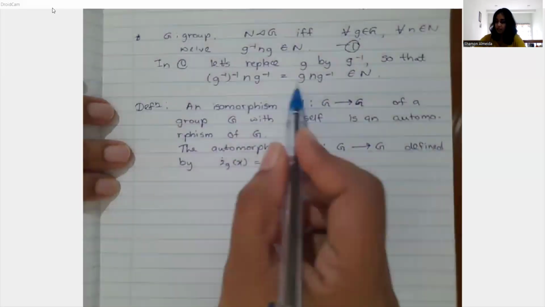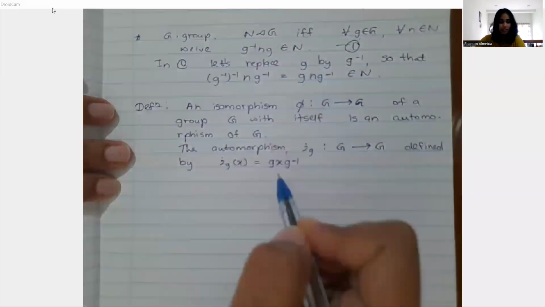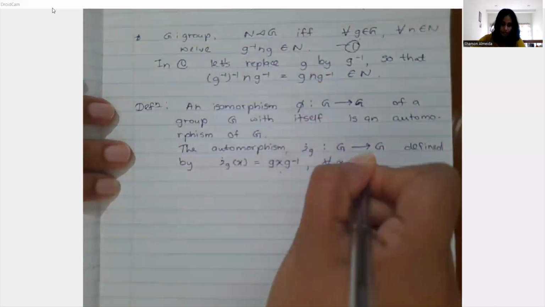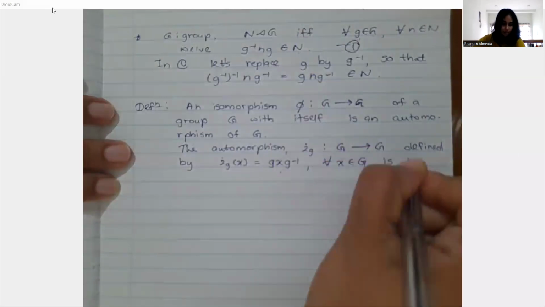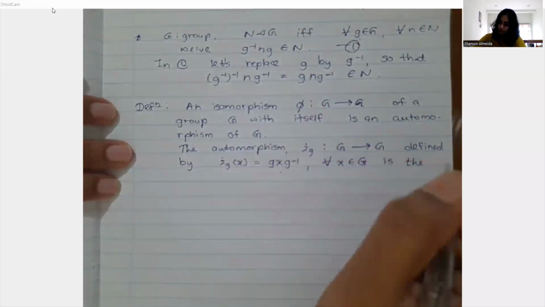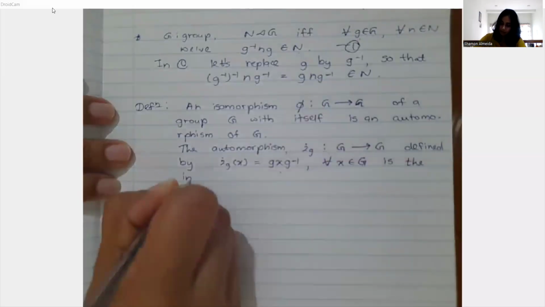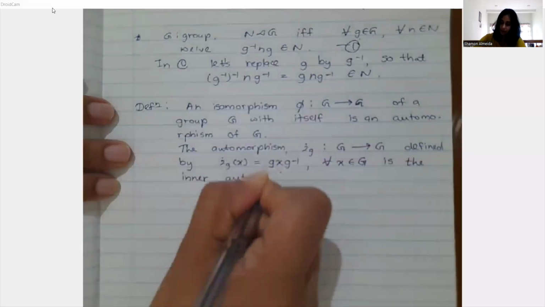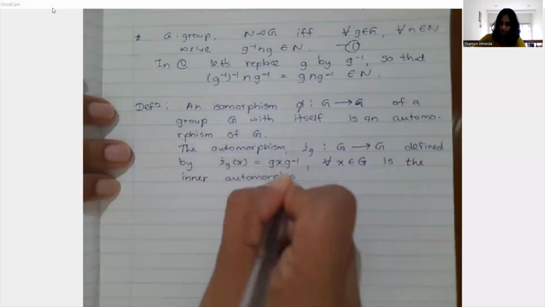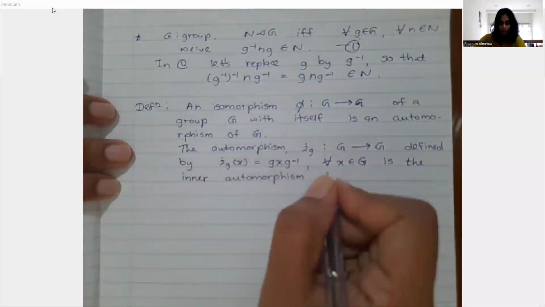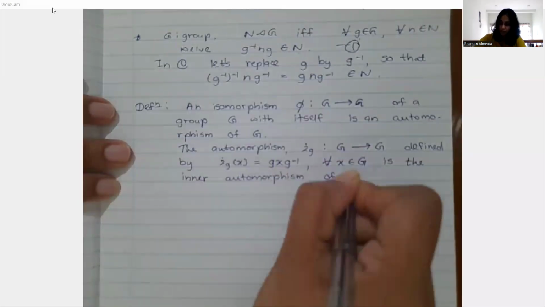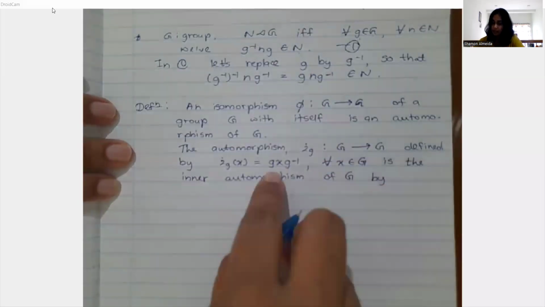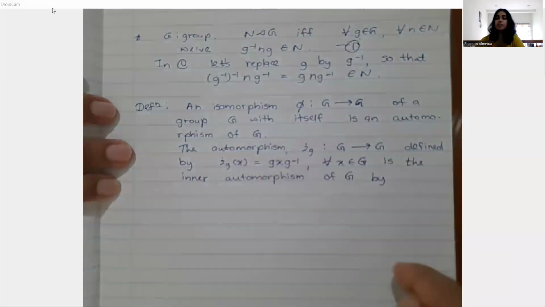The same sort of element that you can see over here. For all x in G, this is the inner automorphism of G by this element g, which is also taken from the group G.